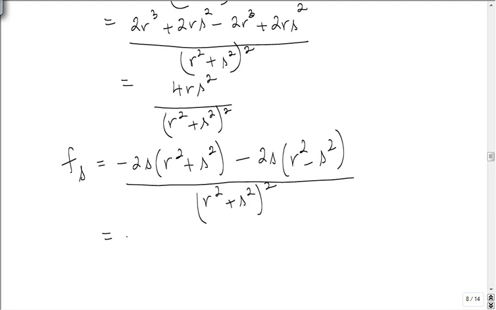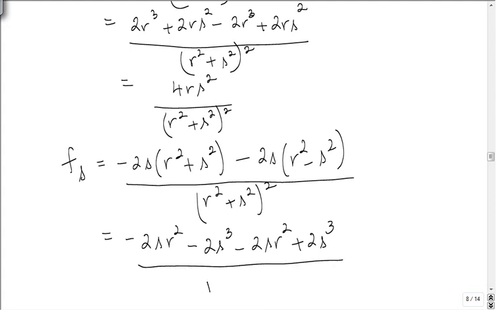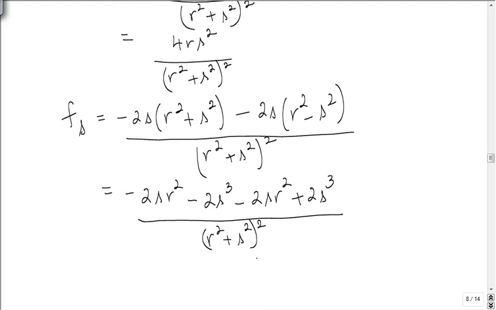Simplify. Minus 2sr squared minus 2s cubed minus 2sr squared plus 2s cubed, all over r squared plus s squared, squared. And this leaves us with minus 4sr squared over r squared plus s squared, squared.